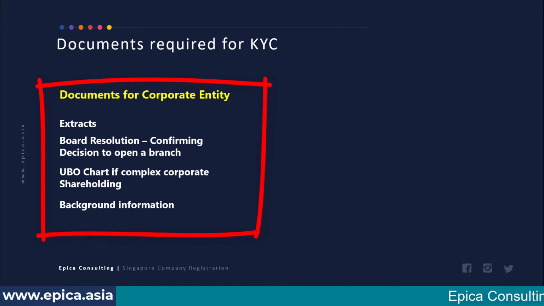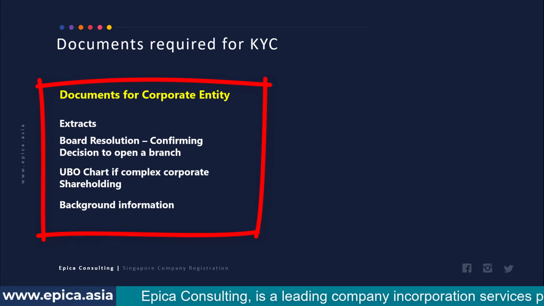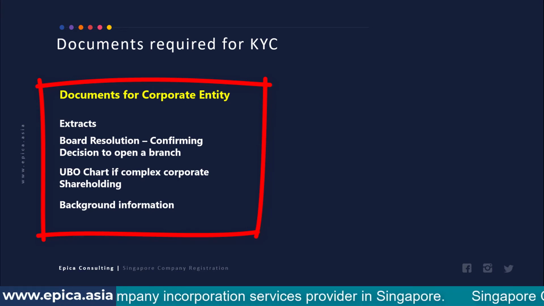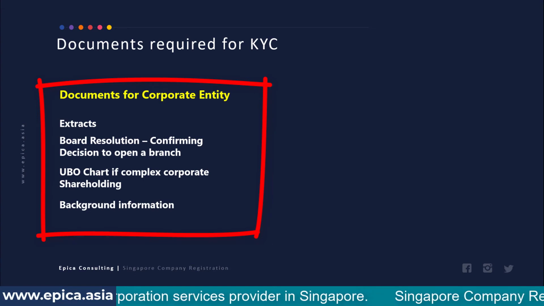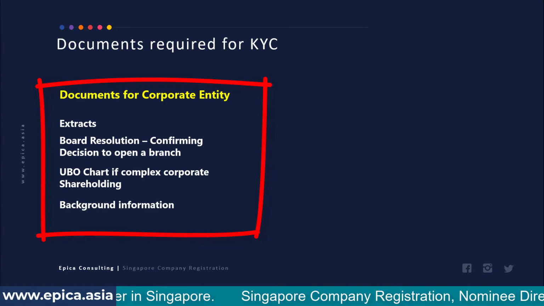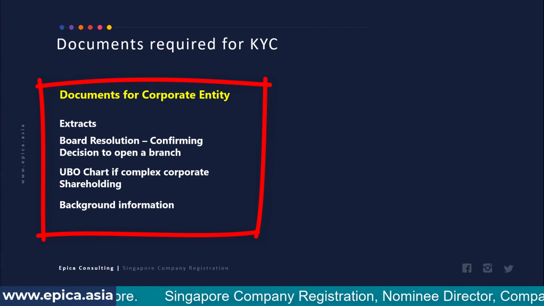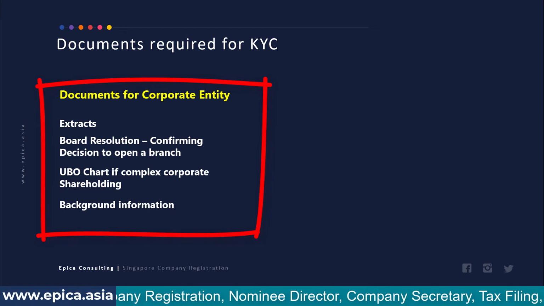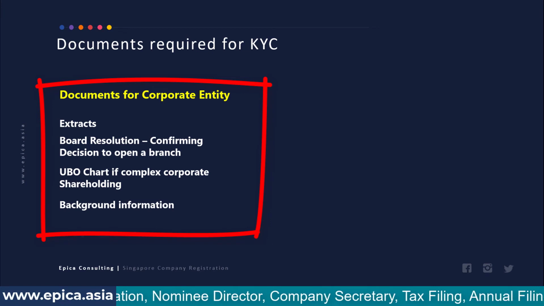The next thing we need is a UBO chart if complex corporate shareholding exists. If your company is owned only by individuals, then the extract will tell us the details of all those individuals. But if the parent company in your home country is in turn owned by another corporate entity, then we will require a UBO chart. UBO stands for Ultimate Beneficial Owner.